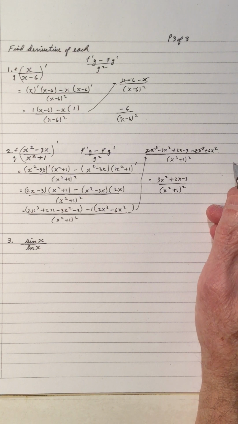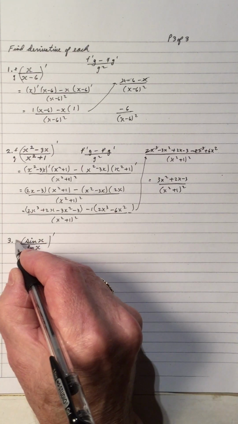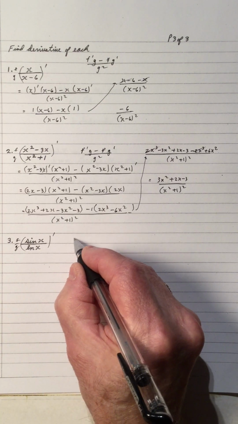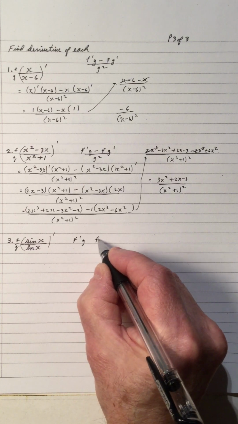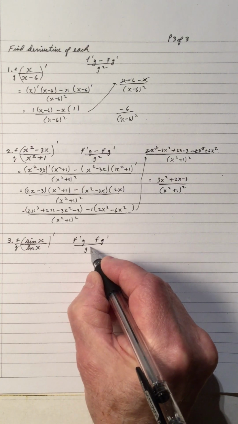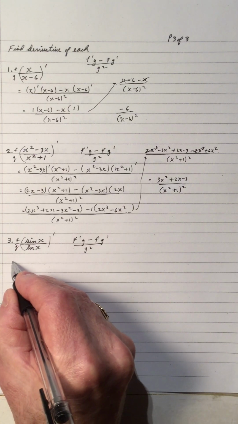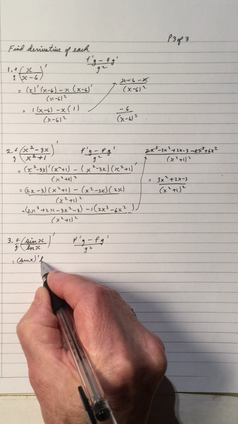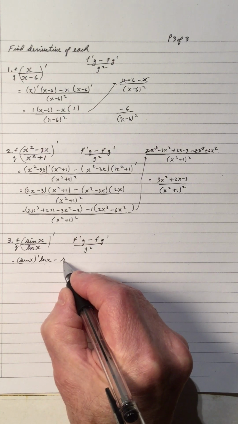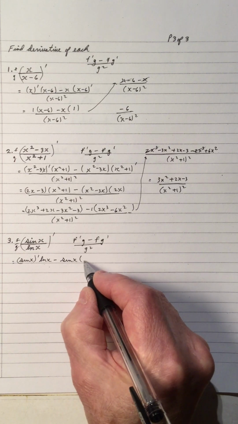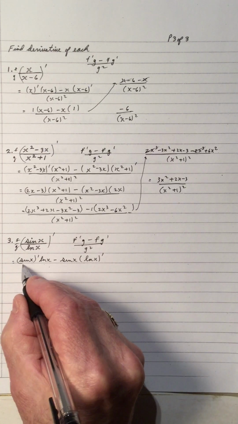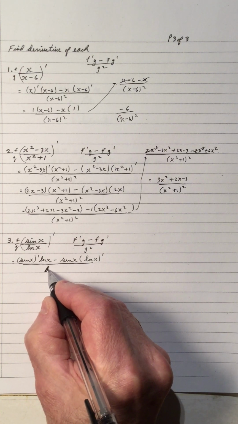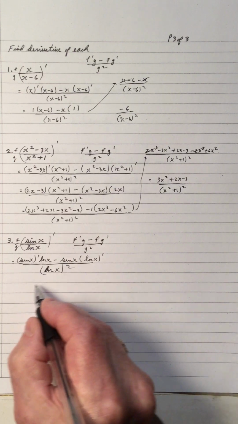And one more to do just to simplify it. So the derivative, this is f, and that's the g. And again, I repeat, f prime g, minus f g prime, all over g squared. So it's the derivative of sine x times g, which is ln x, minus sine x times the derivative of ln x, all over ln x being squared.